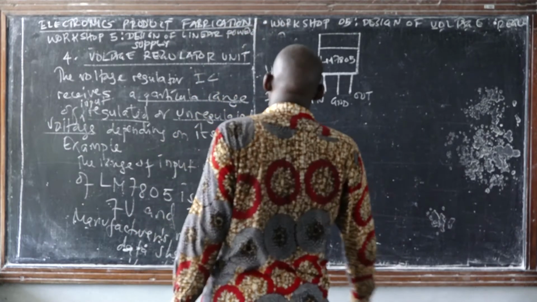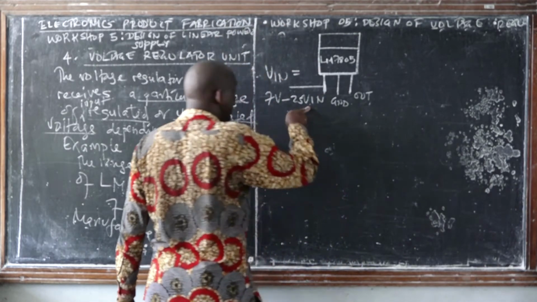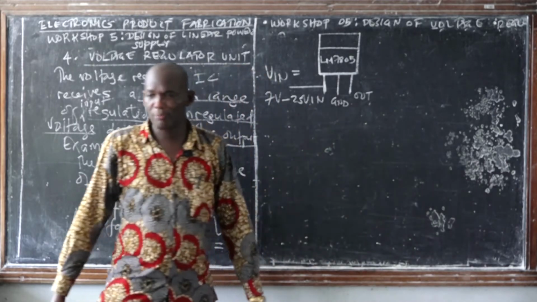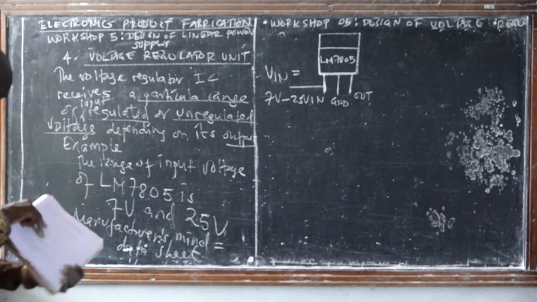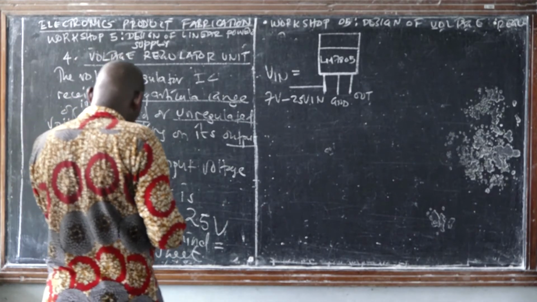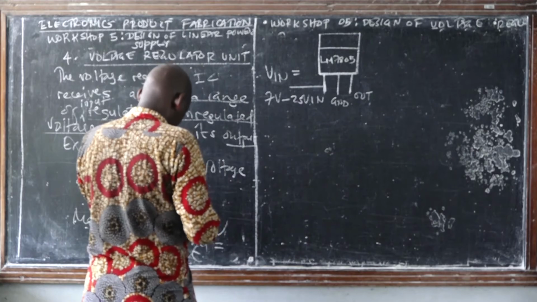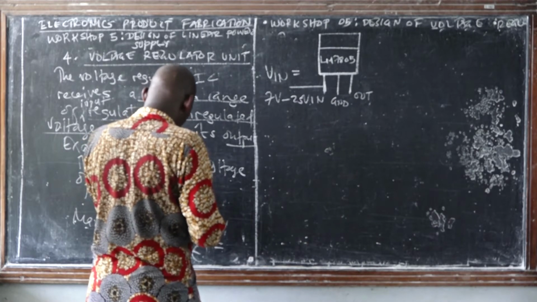So this is the minimum, and this is the maximum, but you have a typical value. Let me see, I have found a table that can help you remember what I've been teaching you.